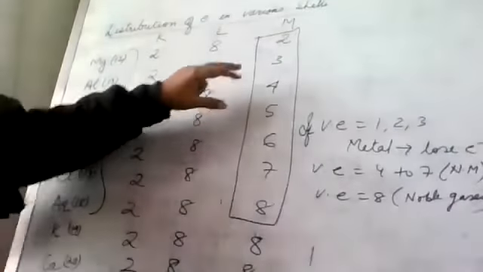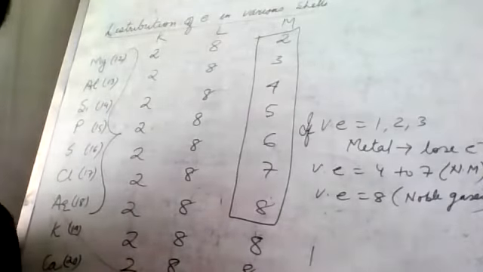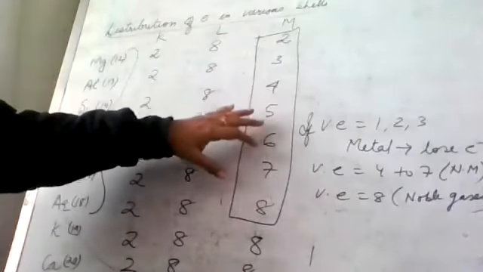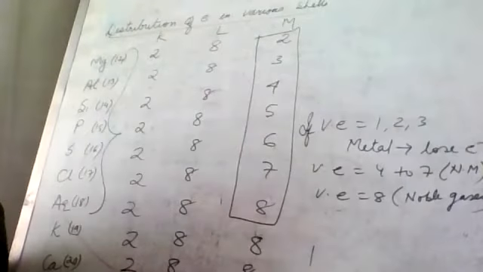Because look here, if in the last shell there are 2 or 3 electrons, it is easy to lose them. If in the last shell 2 electrons are present, 3 electrons are present, it is easy to remove it or lose it. Class? Yes, ma'am. But if there is 4, 5, 6, to remove 4, 5, 6 requires a lot of energy.